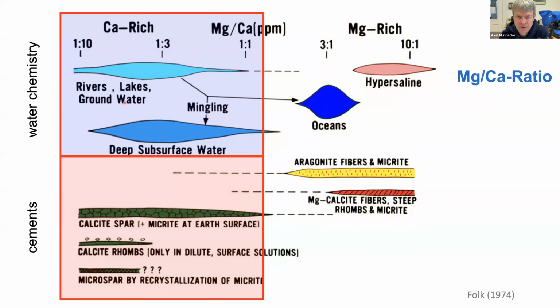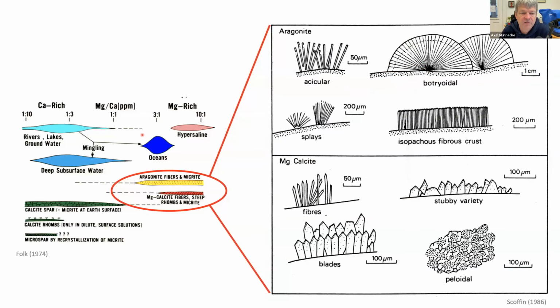And fluids with a low magnesium-calcium ratio are basically either freshwater, so rivers, lake, groundwater, or pore water, so subsurface water. These are the two water bodies that have low magnesium-calcium ratio, in which these blocky calcite spar can precipitate. Okay. The marine cements, in either marine water or from hypersaline brines, they look completely different.